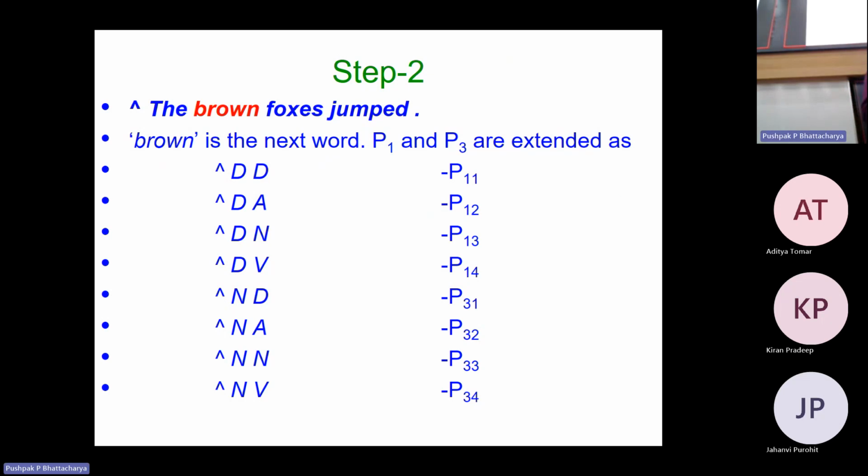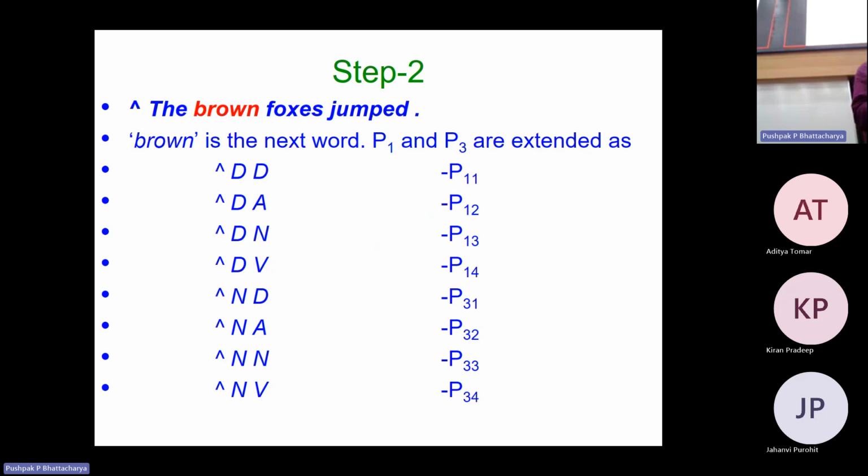So again, there are 4 possible tags. The next word is brown. The 4 possible tags are D, A, N, V. So my partial paths will be hat D D, hat D A, hat D N, hat D V. These paths are called P11, P12, P13, P14. The 1 indicates the path up to the previous word.